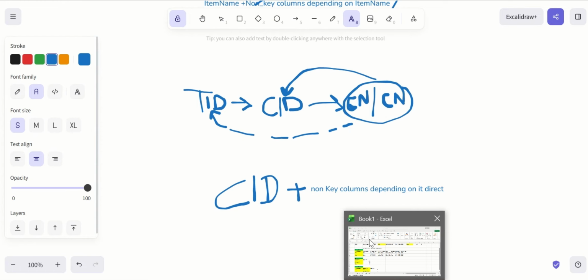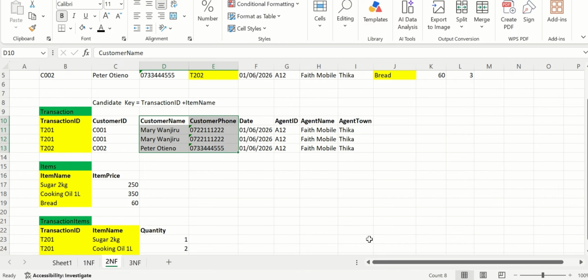Also in the same table, if you look at the agent name and agent town, they don't depend on transaction ID directly. They depend on agent ID.